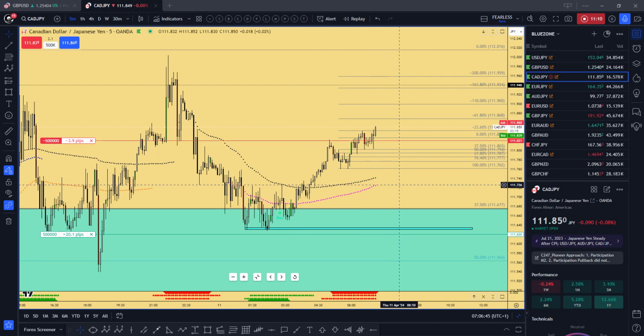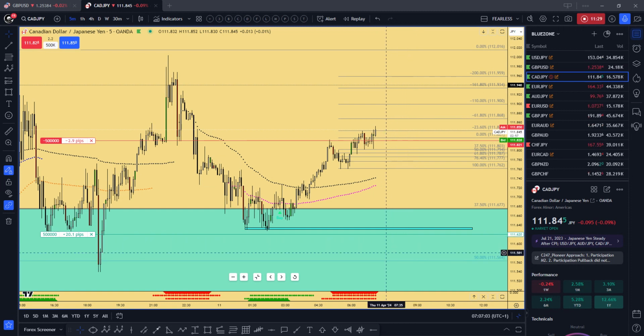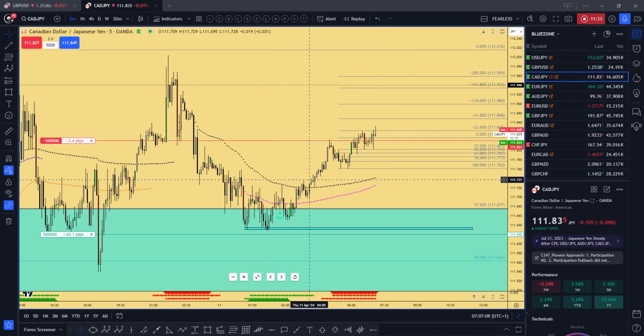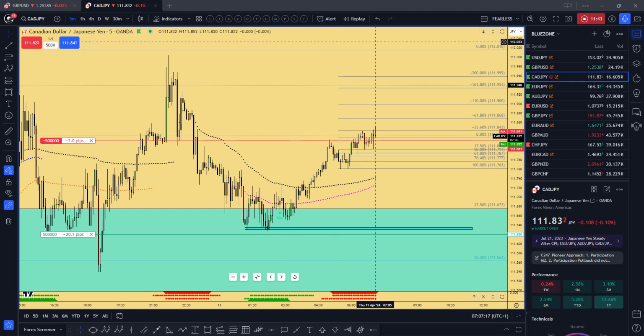So the idea is this: we're selling here to buy from this area here, and when the price comes back again into this area, we watch it carefully, then we can actually buy again from a fair price.